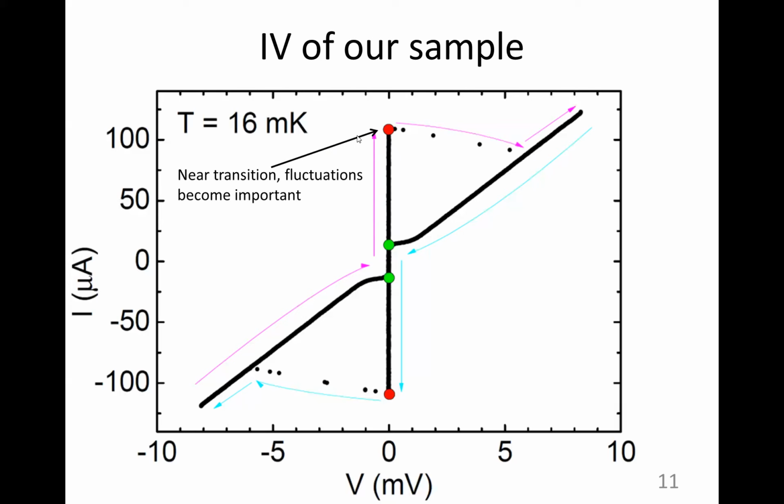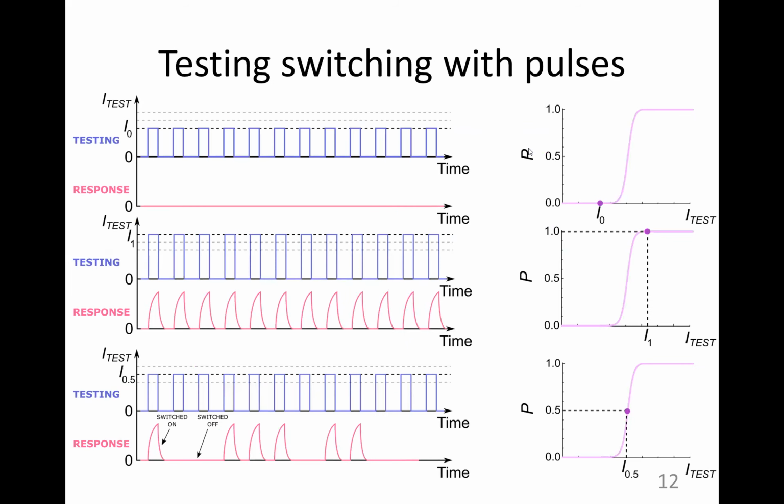So here we have such a situation that this transition can become stochastic. So it has a probabilistic nature, and we would like to measure this switching probability. And by switching, I mean just a transition between superconducting and normal state. So what we actually do is we test switching of our superconducting nanobridge with current pulses.